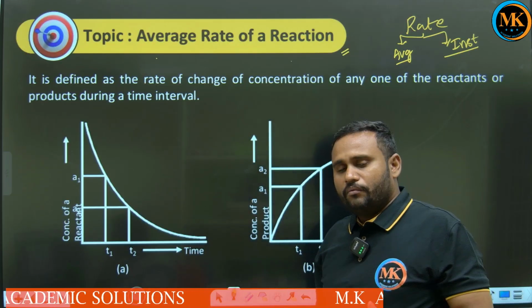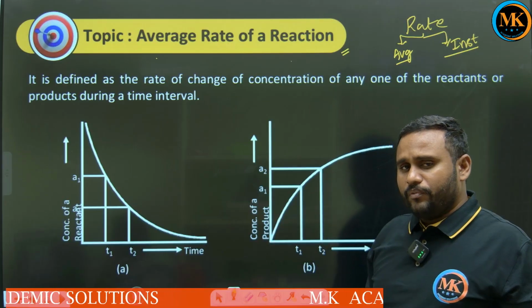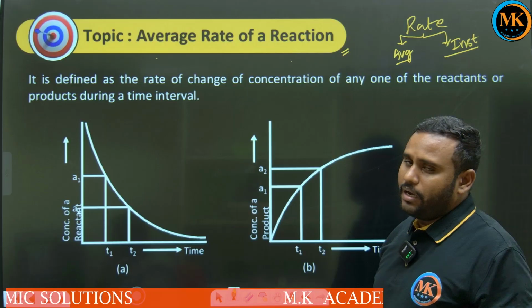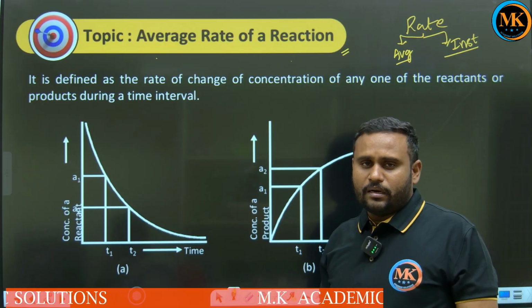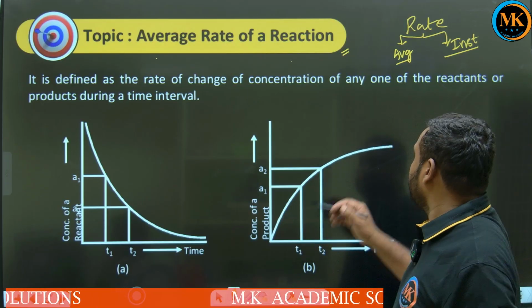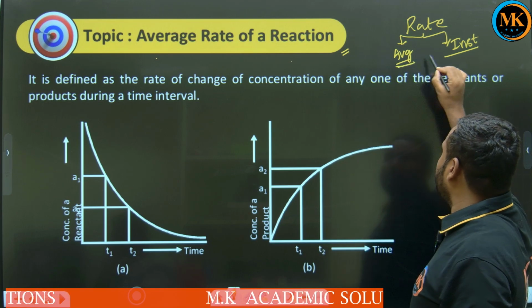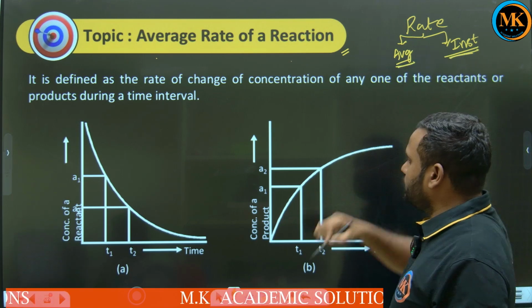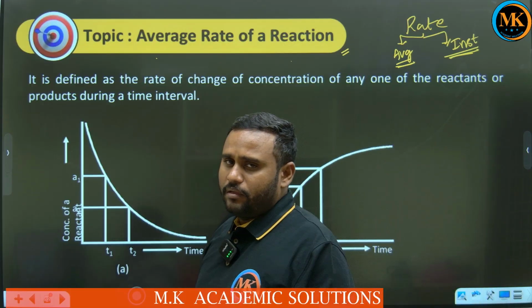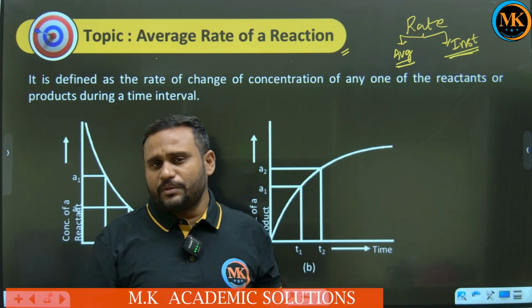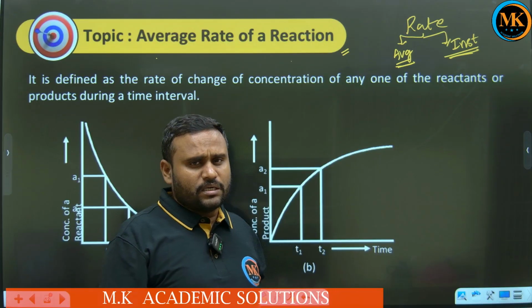That's why we apply them only to moderate reactions. While calculating the rate of reactions we use two methods, average rate and instantaneous rate. What is the major difference between the average rate and instantaneous rate, children?